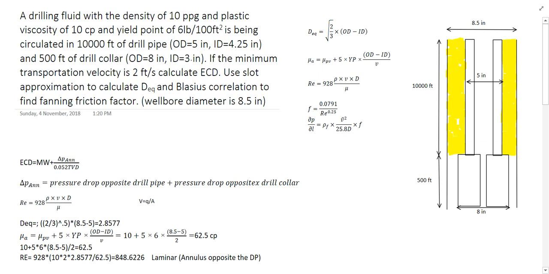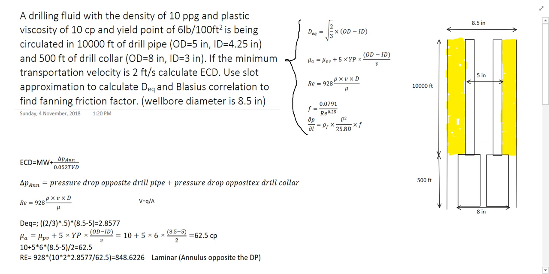Now, knowing that, we want to find the ECD, and this equation over here is something that will be provided in the exam condition. You have the equivalent diameter for the slot approximation. We have the apparent viscosity for the annulus, which has OD and ID, and also the Reynolds number.